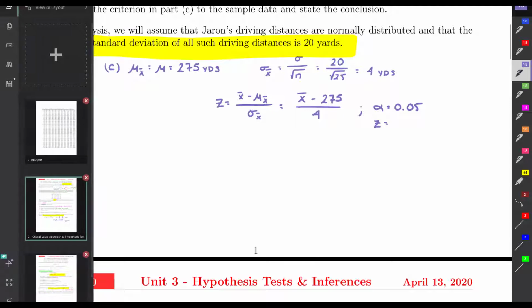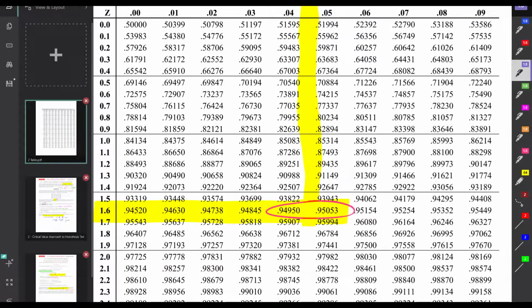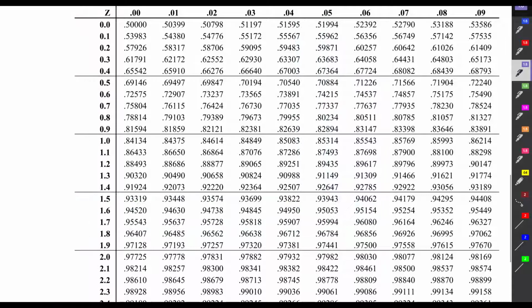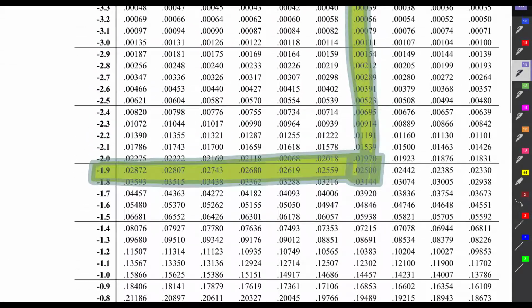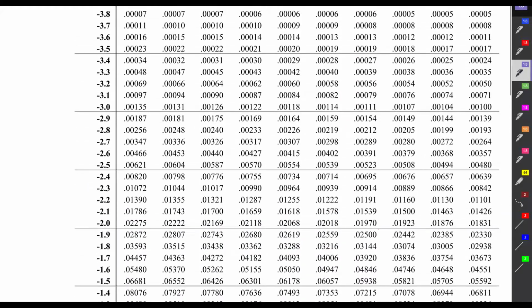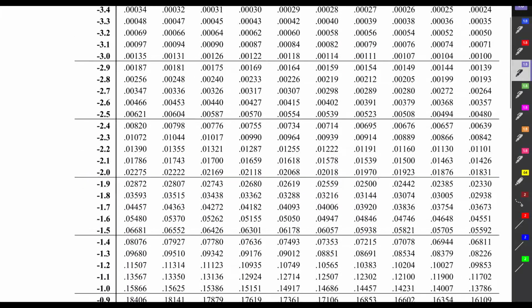So if we go to our z-table, we've got some stuff highlighted there. We want to find 0.05 in the areas. So we have to look inside the table, and 0.05 will be somewhere between these two values right here. So I'm going to just put a little circle right there.